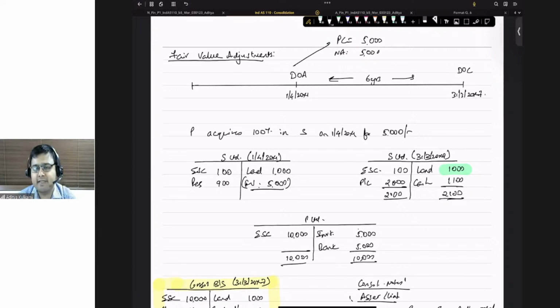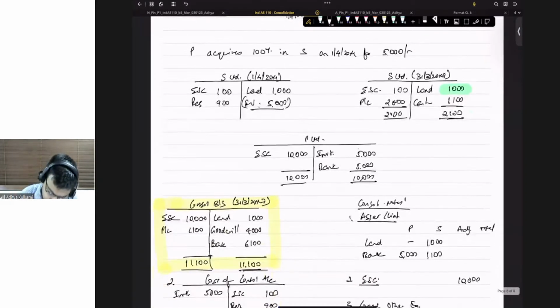Fifth step, NCI is 0. Sixth step, goodwill. Since what you have paid is what you have acquired, the goodwill should be 0. But here I am getting a goodwill of 4,000.